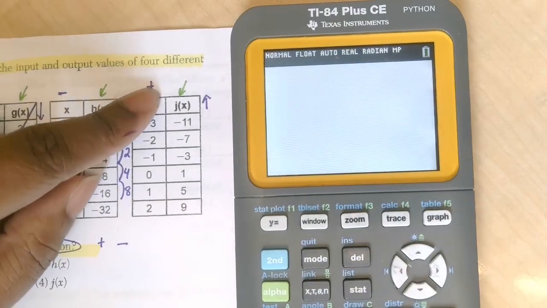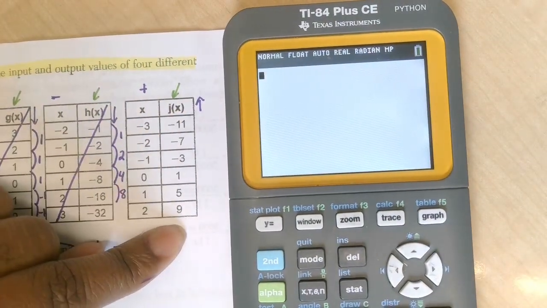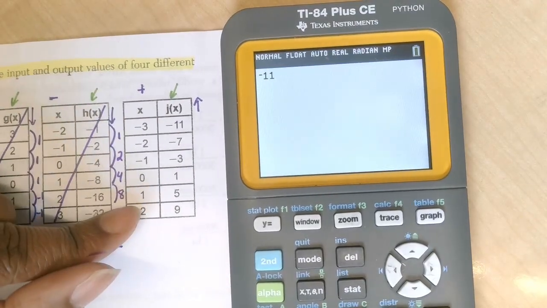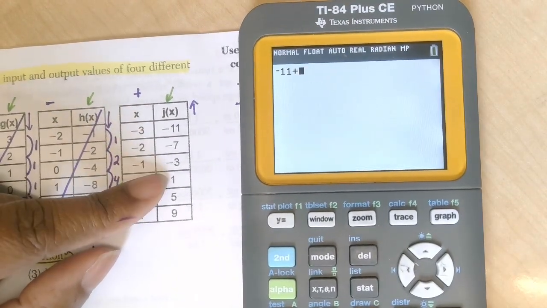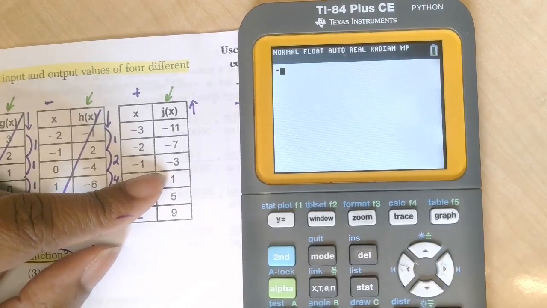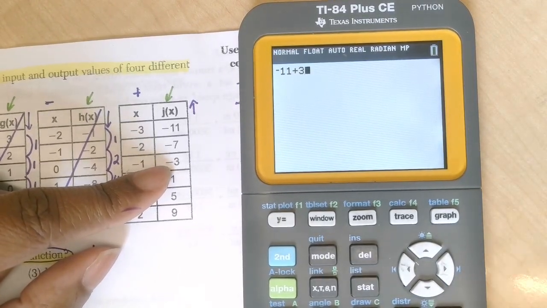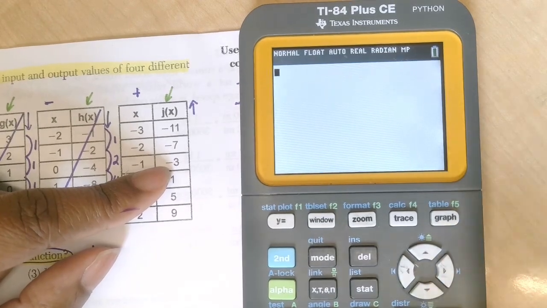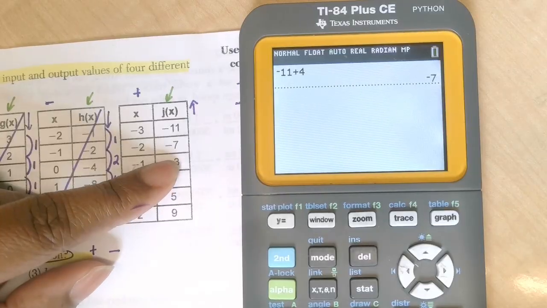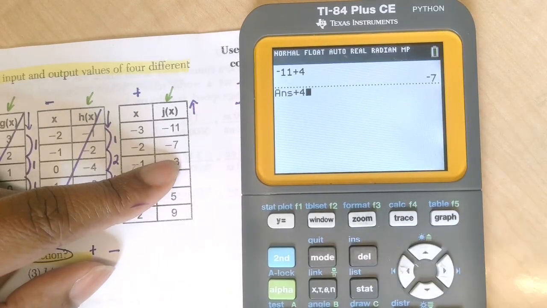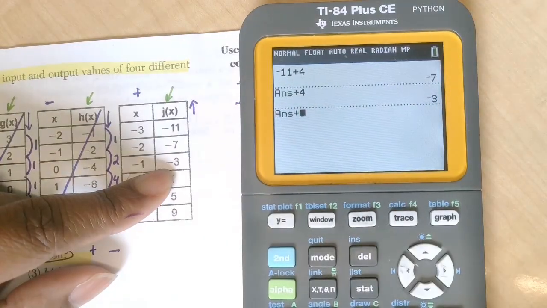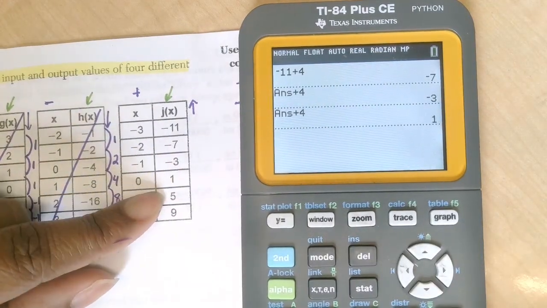Okay, so we know we're increasing, the number is getting bigger, so we're adding. So we're going to say negative 11 plus what will give us 7. Let's try 2, we don't get that. Negative 11 plus 3, we get 8. Negative 11 plus 4, we get 7. Let's try again. Negative 7 plus 4, we get negative 3. Plus 4, we get 1.